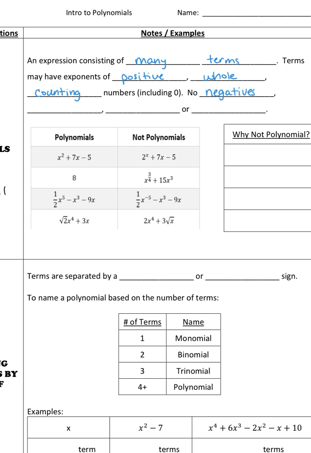So no negatives, no fractions, no variables, or no radicals. And when I say you can't have any of these, I mean as exponents.